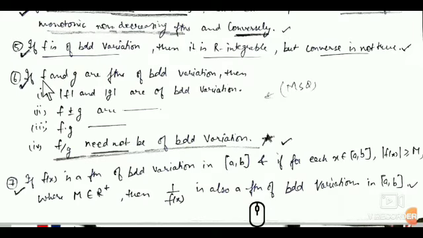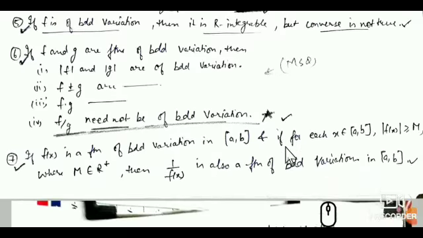Then sixth point is, if f and g are functions of bounded variation, then mod f and mod g are of bounded variation, f plus minus g are of bounded variation, and the product is also of bounded variation, but the division need not be of bounded variation, right.